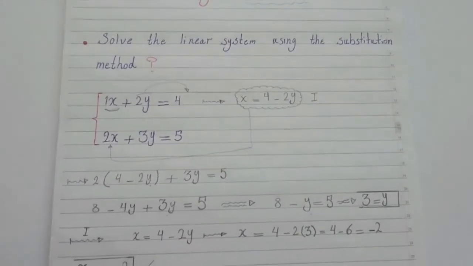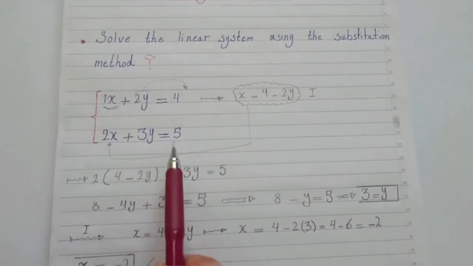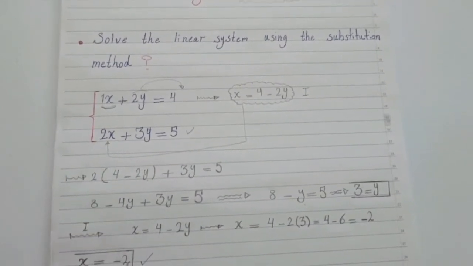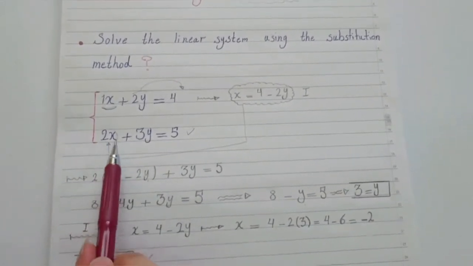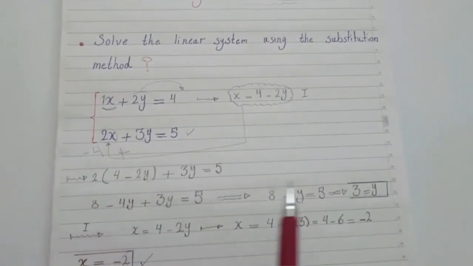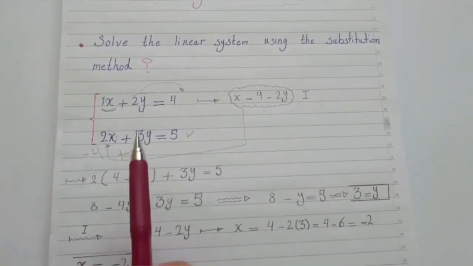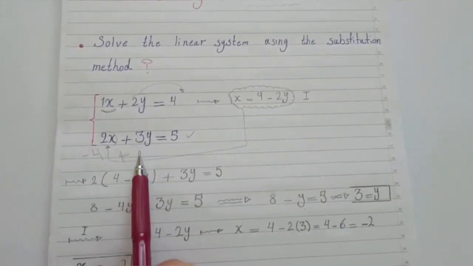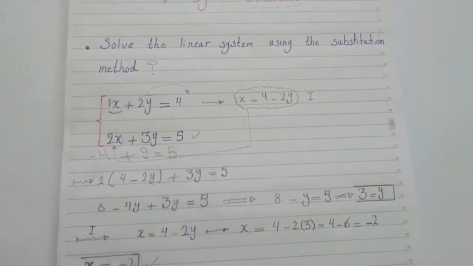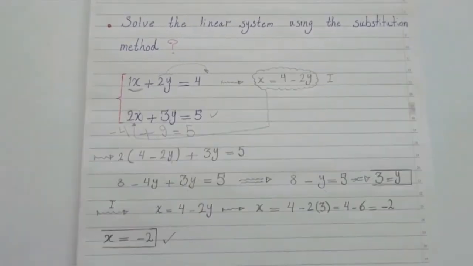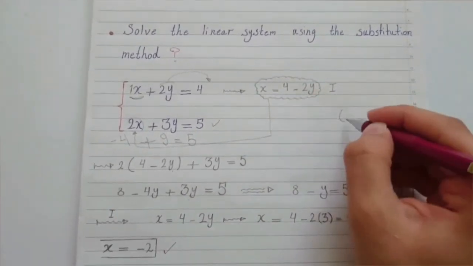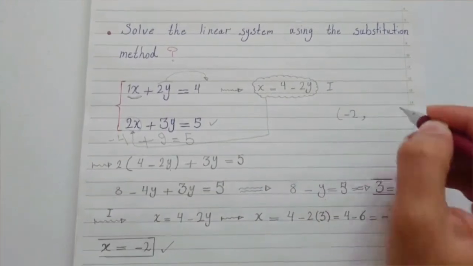And we can also check our answer by plugging it in this equation. Okay, let's check it. 2 times -2, it's gonna be -4, plus 3y, and y is 3, and 3 times 3 is gonna be 9, and overall it's gonna be 5, which is correct. So the answer to this system is -2 and 3.